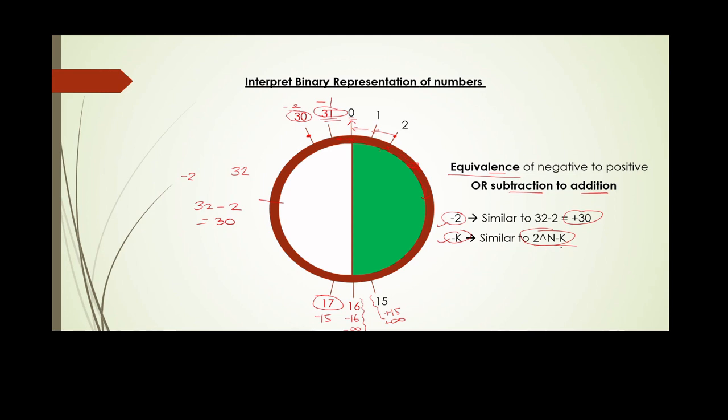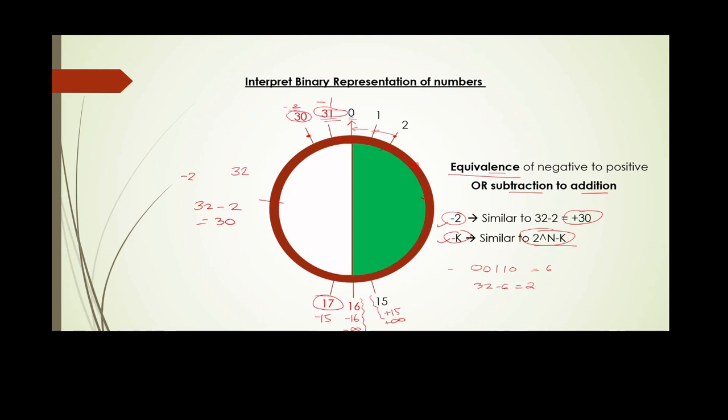And another way to compute this 2 power n minus k, if you're given, let's say, some number 0, 1, 1, 0, and because we're talking 5-bit numbers, let's just say 0. So this is like 1, 2, 4. So this is 6, right? So if somebody says, what is minus 6? So what you can do is you can either do 32 minus 6, right?